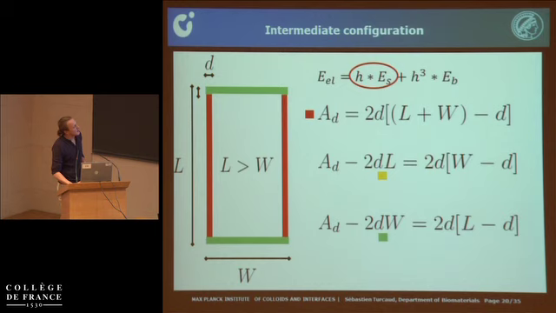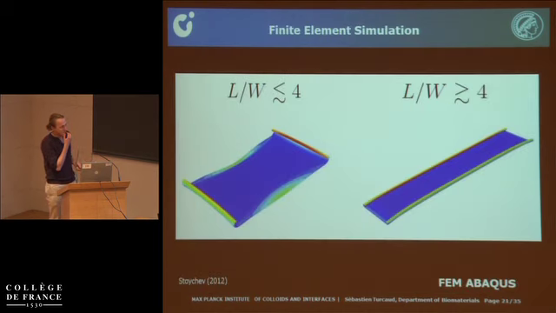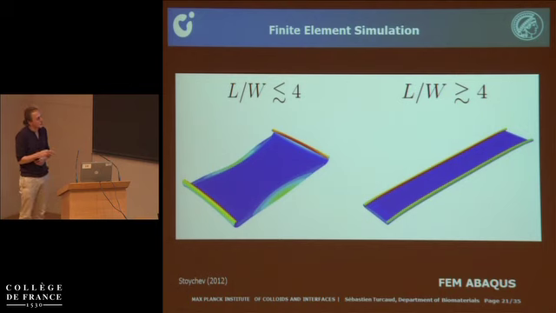If we allow only the short side rolling to start, then we get this contribution. Because L is bigger than W, the long side rolling scenario in the beginning seems to be more optimal energetically than the short side rolling, even though in the end it's the other one. By finite element calculation, I found this behavior again, but only for an aspect ratio of approximately 4.